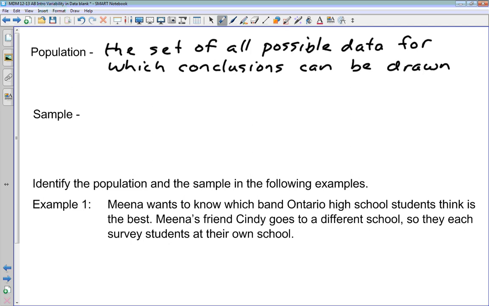Another way of thinking about it is that the population is the group that you're really interested in. This is what we really want our information to be about. So let's say the group that is the focus of study.